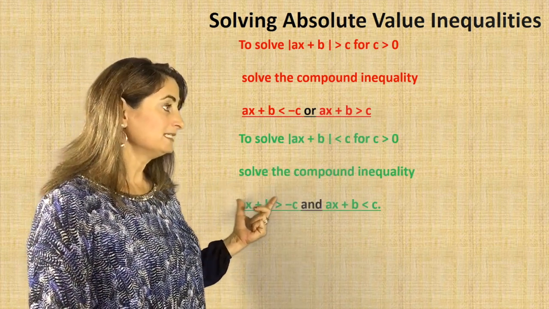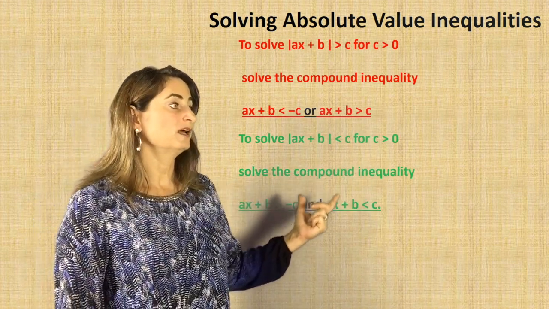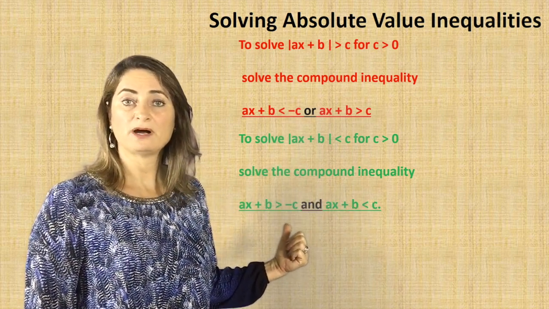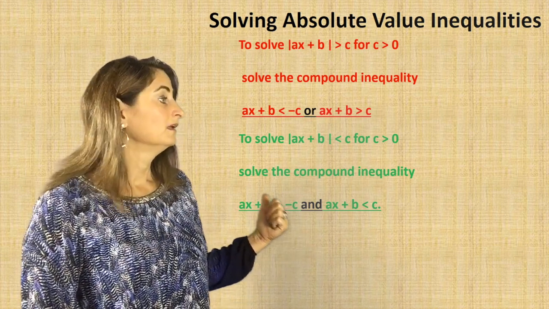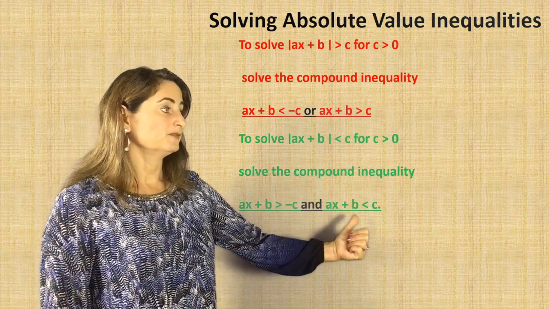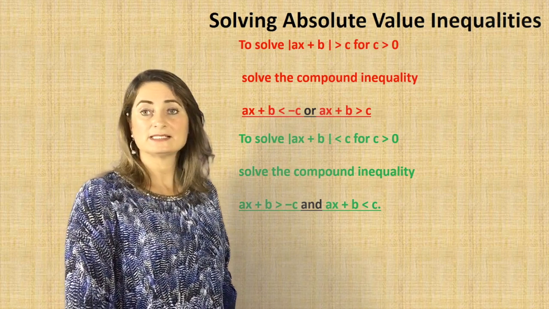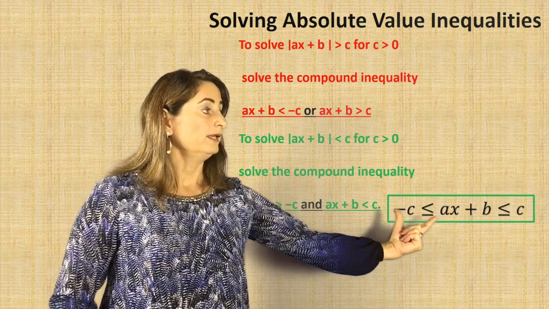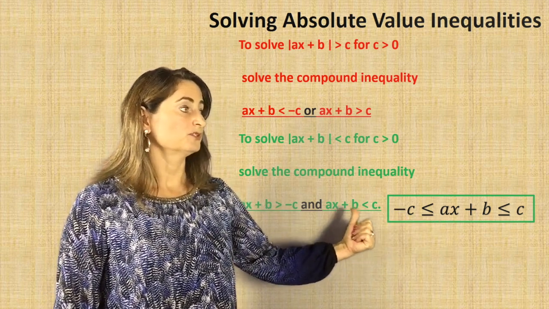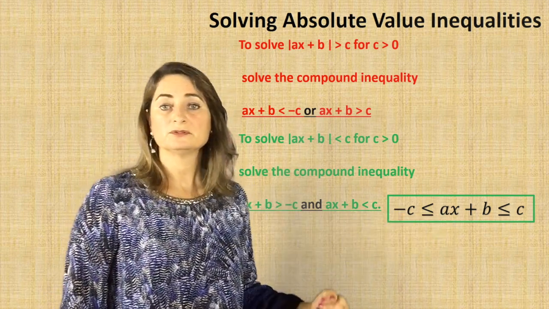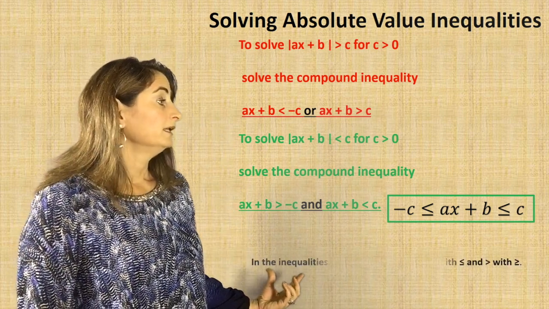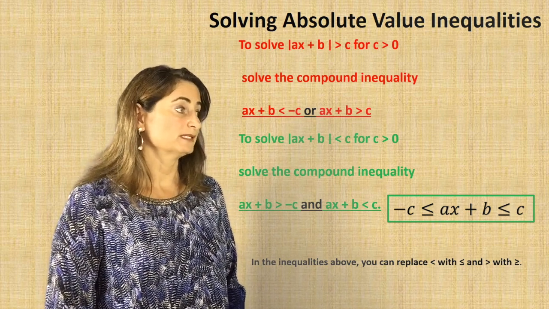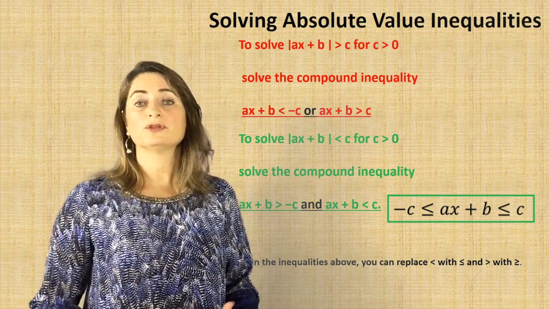When the symbol is less than, to solve the absolute value of ax plus b less than c, you use two compound inequalities joined by the word and: ax plus b more than negative c, and ax plus b less than c. Or you can write one inequality: negative c less than ax plus b less than c. In the inequalities above, you can replace less than with less than or equal to, and more than with more than or equal to.